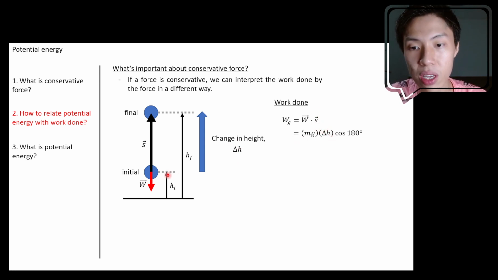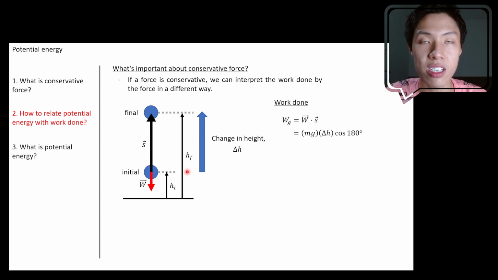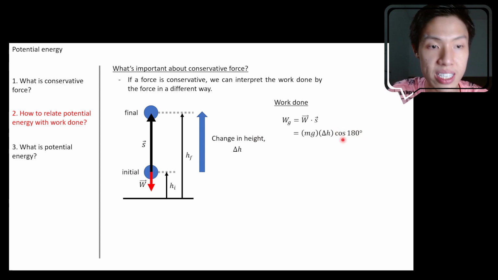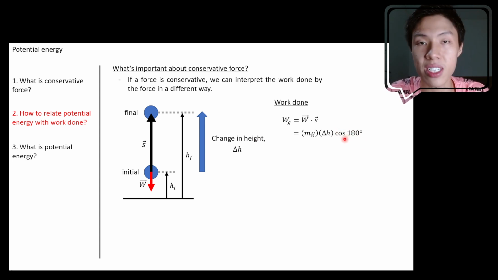If today your initial is bigger and your final is smaller, then your magnitude of displacement will be initial minus final. But right now your final is larger than initial, so your magnitude of displacement will be final minus initial, which is also delta h. So you have to look at the situation, which is larger, which is smaller. Next, the angle: cos 180 degrees, as we discussed just now.